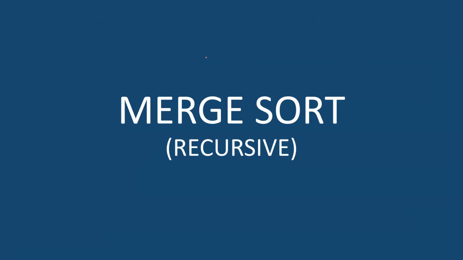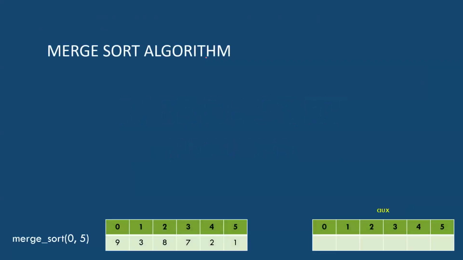So let's take a look at our merge sort then. This is our focus for the day. Not too big of a leap from what we've just looked at. The idea with a merge sort, again, we're going to talk about the ranges of our array, and I've left out the name of the array here. So we're implying we're going to go from position 0 up to and including position 5.